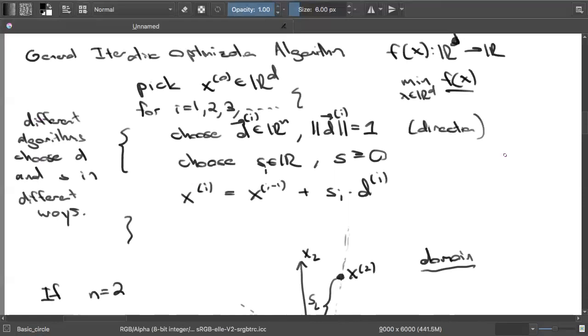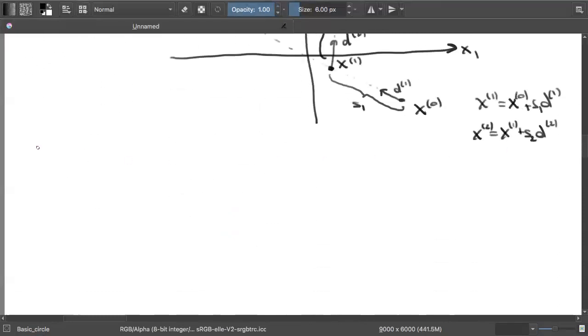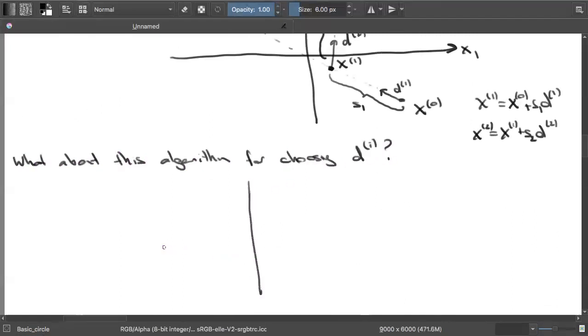But I'm going to throw out a question now. What about the following algorithm for choosing D? Suppose this is my x0. I'm just redrawing what I wrote before. This is x1 and this is x2, and this is my x0.